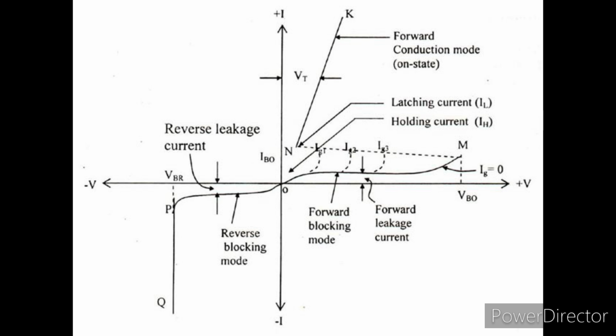So, because of the accumulation of charge across the junction, J2 behaves like a capacitor, and we know that when there is a sudden rise in the forward voltage, the charging current through this junction capacitance will make the SCR turn on.